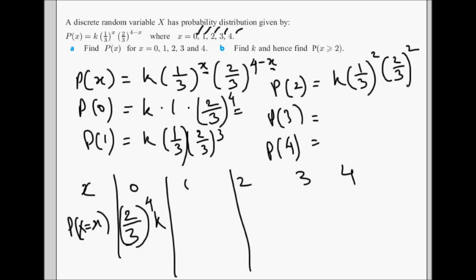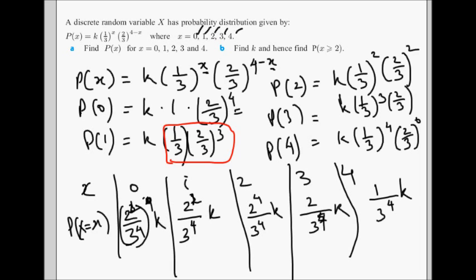And in this case, P(1) would be 2^3 over 3^4 times k. When you simplify this part, it will be 2^3 divided by 3^4 k. The power is 2^4 here, here it is 2^3, here it is 2^2, this is 2, and this is 2^0, which is 1.